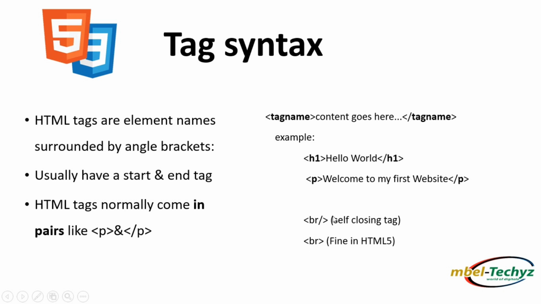For instance, this br is written as this. In previous versions of HTML we could write it another way, but since we are working with HTML5, we'll be writing our break tag this way. This br serves as the break tag if we want to make a line break. All right guys, so let's go back to our code.